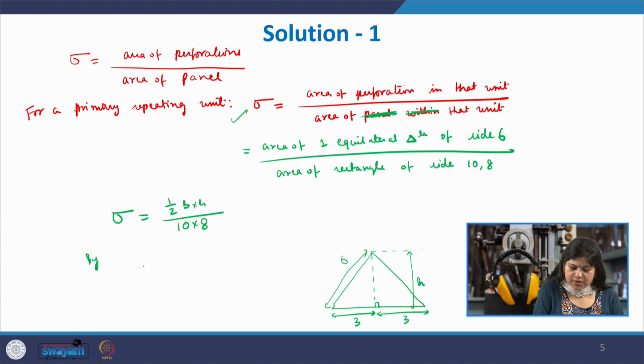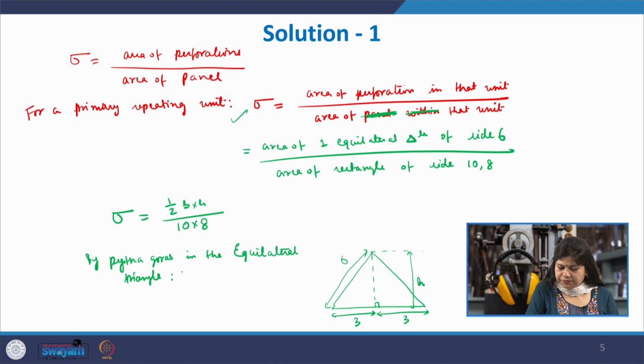So, by Pythagoras theorem in the equilateral triangle, this height would be under root of 6 square, which is the hypotenuse square, minus this side square, which is 3 square.